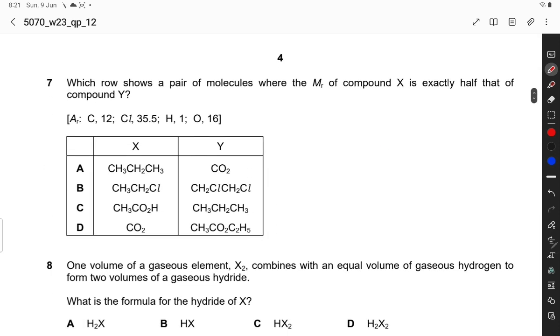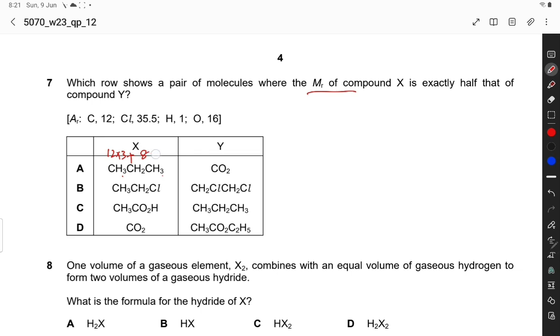Question number 7, which row shows a pair of molecules where the Mr of compound X is exactly half that of compound Y? So C3H8, 3 carbon, carbon 12 into 3 is 36 plus 8.